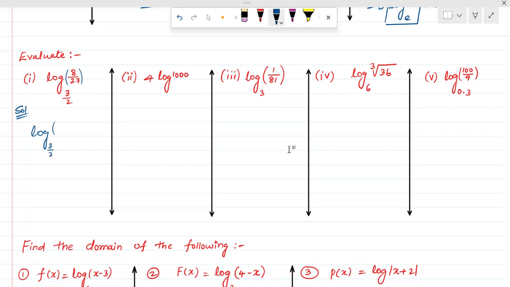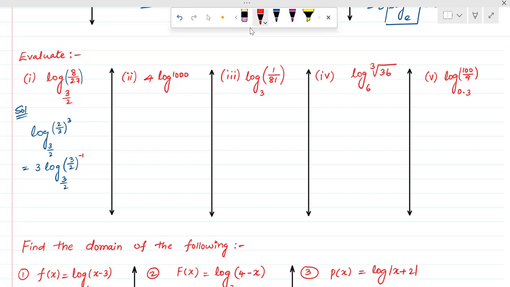So here, if I write this one, 2 over 3 to the power 3, I will bring the power here. So what happened here? 3 times log base 3 over 2. Here you will have 2 over 3, so I will make it the reciprocal, 3 over 2 to the power minus 1. Is it the same thing? 3 over 2 to the power minus 1 becomes 2 over 3.